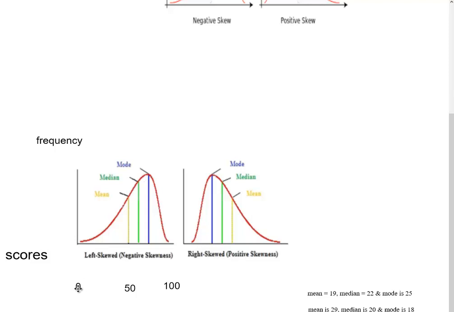Let's say, as an example, these are people's scores from 0 to 100. So far we've got left foot, negative skew, right foot, positive skew, with the scores along the bottom and the frequency, the number of people, along the y-axis.